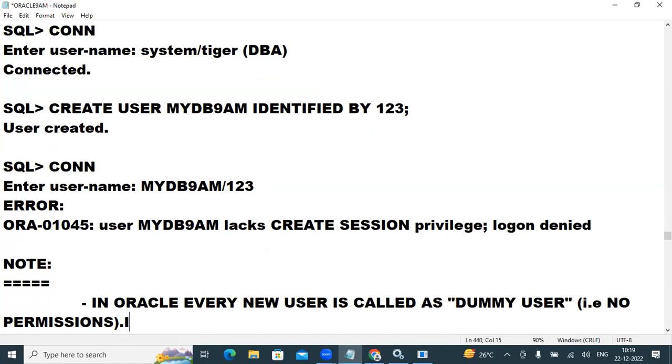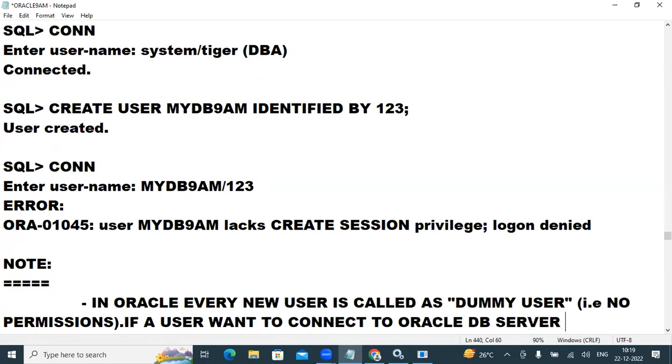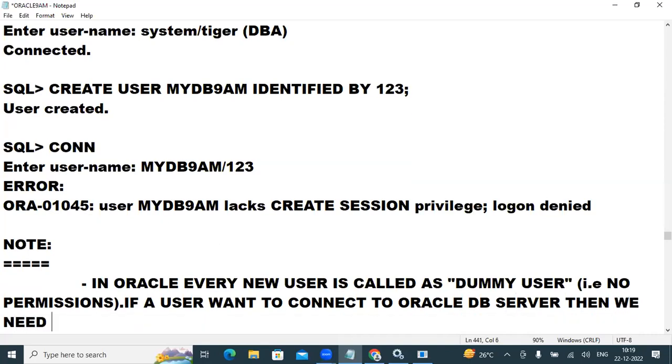And continue. If a user wants to connect to the Oracle database server, then we need permission from the database admin.